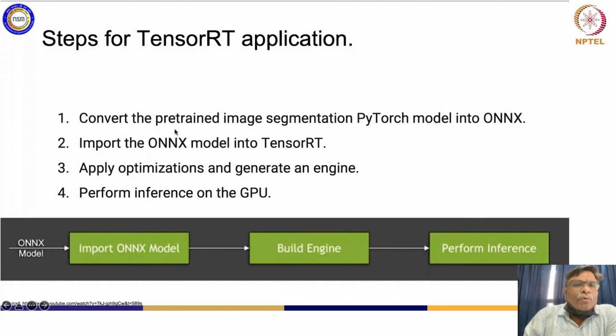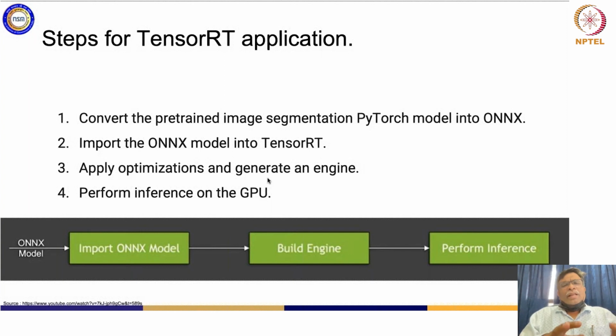And then you import the ONNX model into a TensorRT model. This conversion needs to be done. Then you apply certain more optimization and generate an engine. Technically speaking, once your model gets converted into a TensorRT runtime, you can do the inferencing on that particular edge device. So we have written it on the GPU, so you can do it on the GPU, you can do it on an edge device, you can do it on Jetson, any of these. This is how it is done.